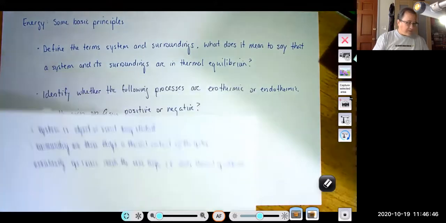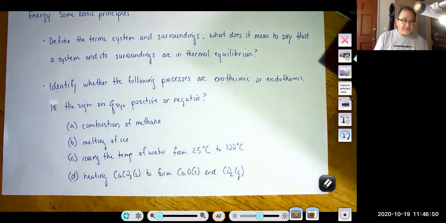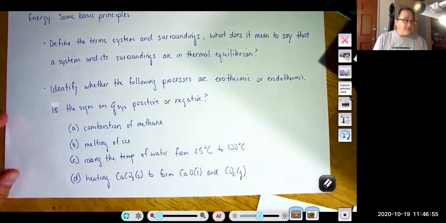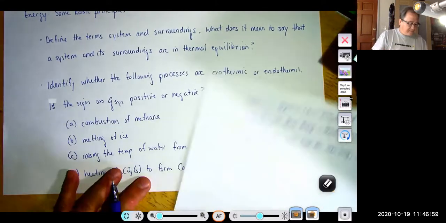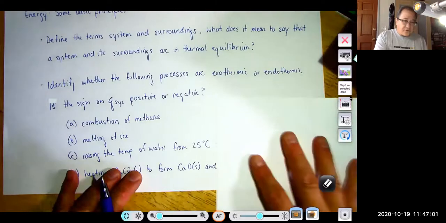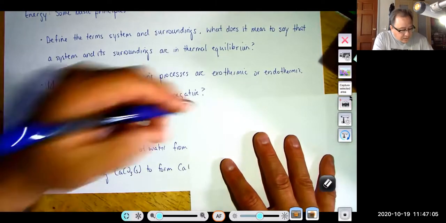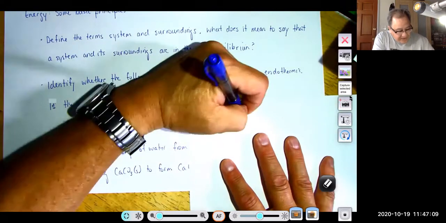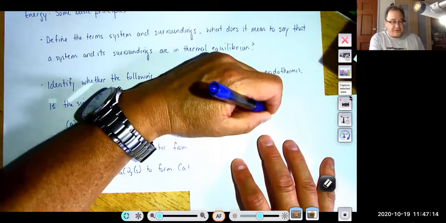Let's take a look at this next one. Identify whether the following processes are exothermic or endothermic, and is the sign positive or negative. So let's take a look at this first one. Combustion of methane. So methane, when you combust it, this is not a balanced reaction, but this is what you get.